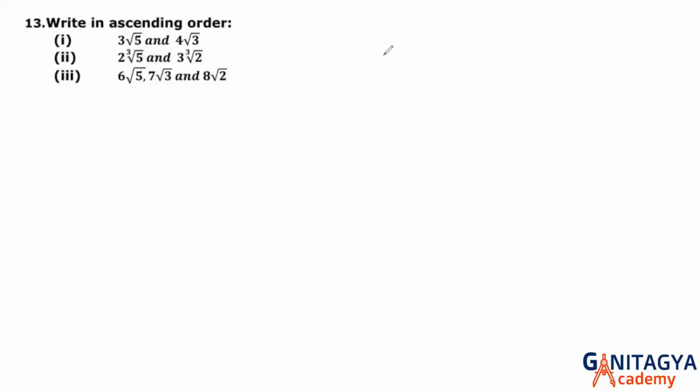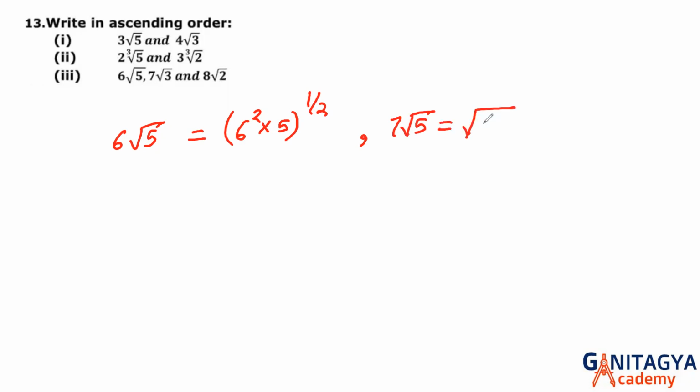So what is the third question? That is 6 under root 5. So can I write it as 6 square into 5, its power 1 by 2? Now the second one is 7 under root 5, so I can write it as under root 7 square into 5, and third I can write 8 under root 2, that is under root 8 square into 2.